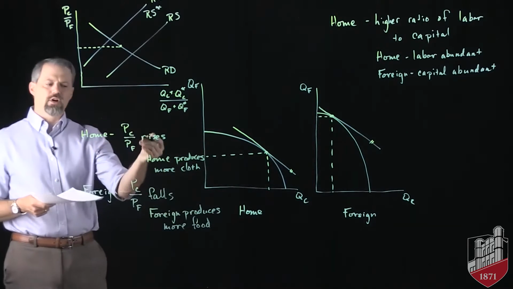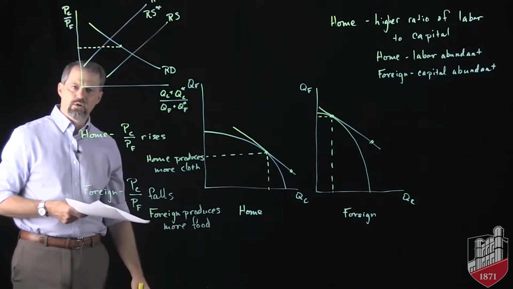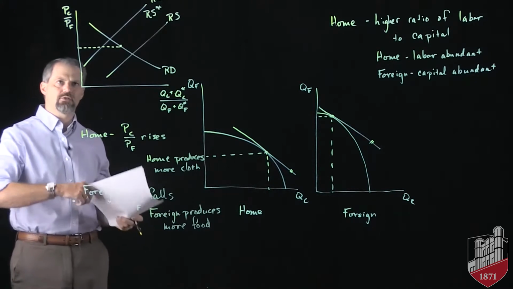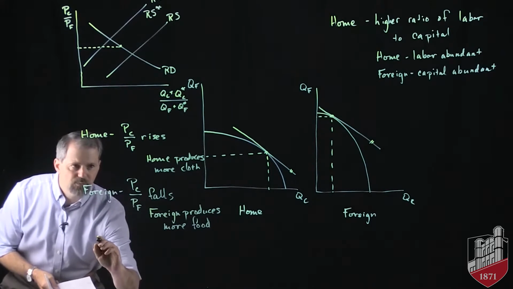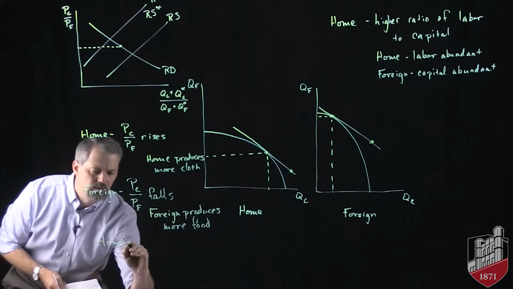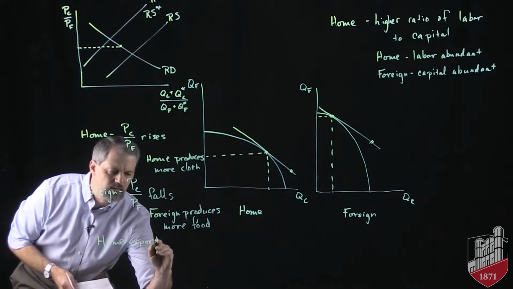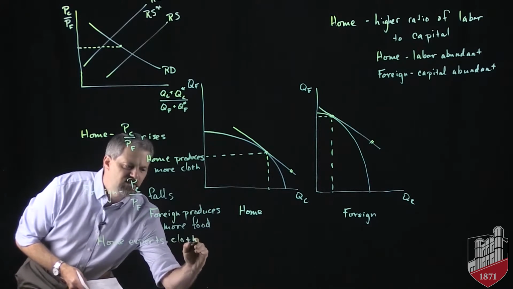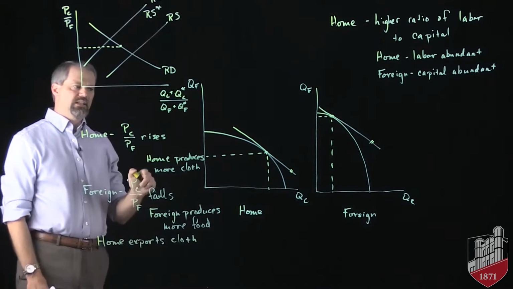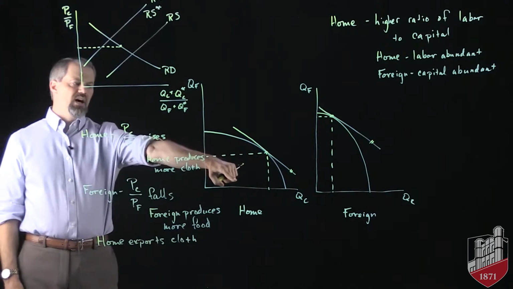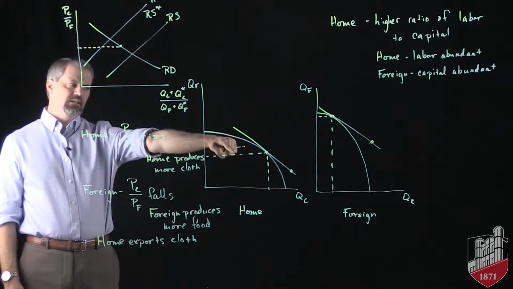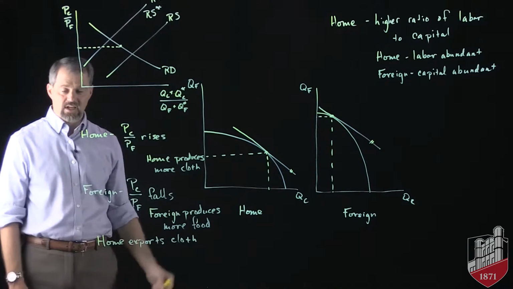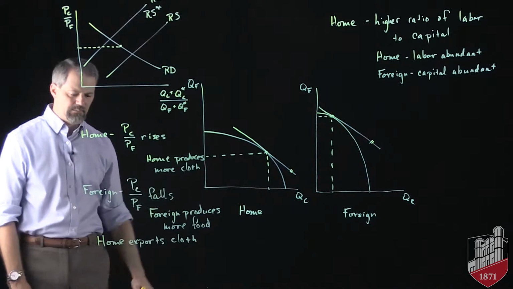Home will export cloth, foreign will export food. So what we understand from this is that home exports cloth, which is not surprising because it is abundant in the input that cloth production is intensive in.